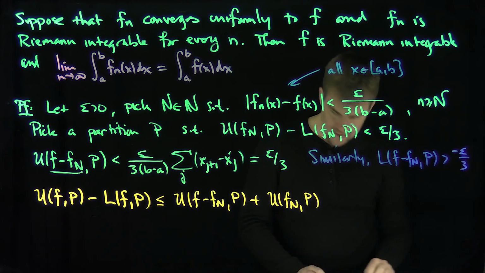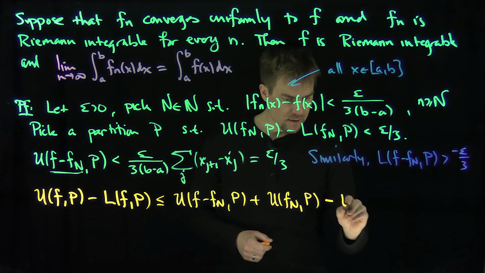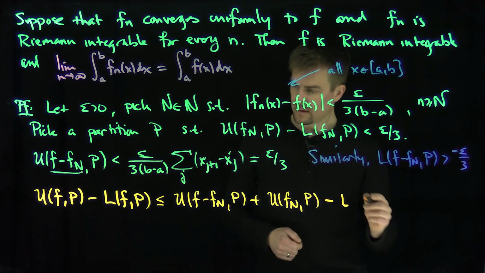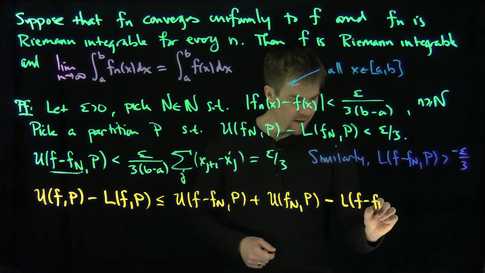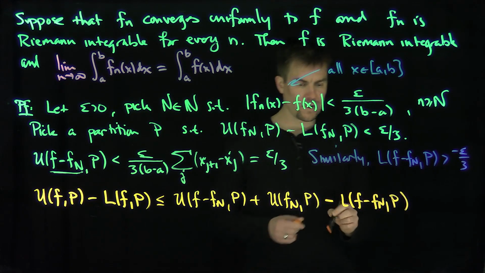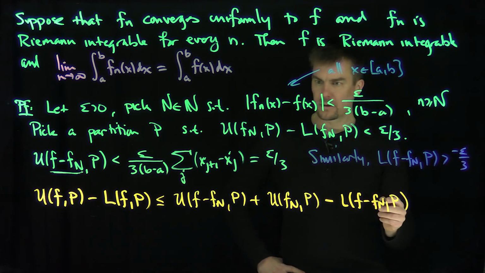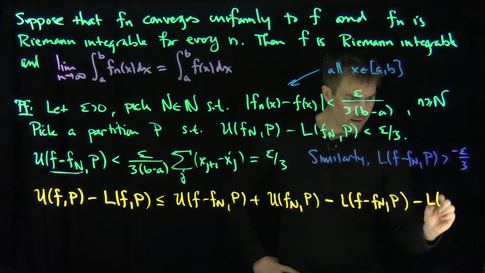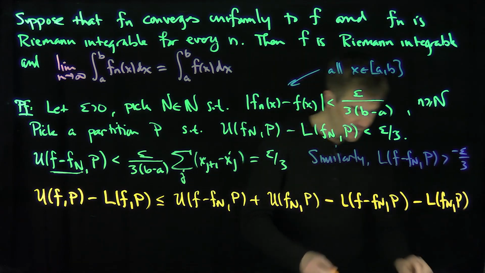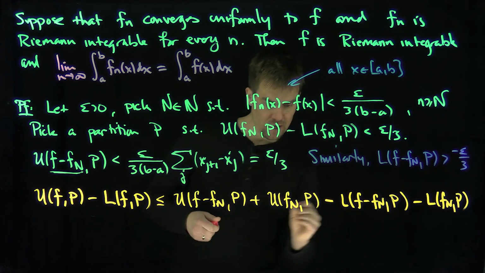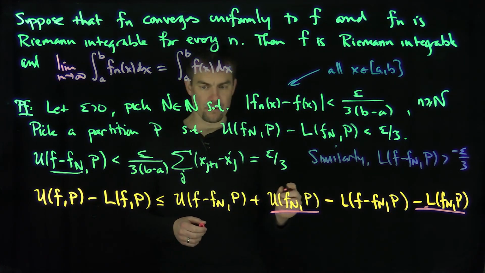So what we're going to have is minus L of f minus Fn on P over here, and then minus L of Fn on P. Now if we look at the two terms for Fn and subtract them, those give me less than epsilon over 3.